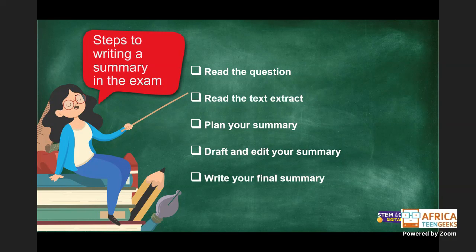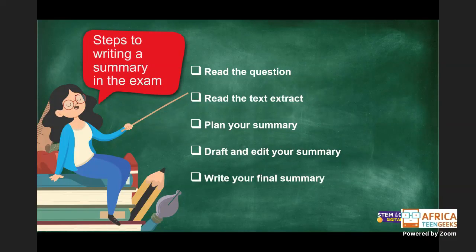And your summary should not contain grammar, spelling, or punctuation errors, so we still keep to the grammar rules. Now we will look at the 5 steps to writing a summary. Just to read them.